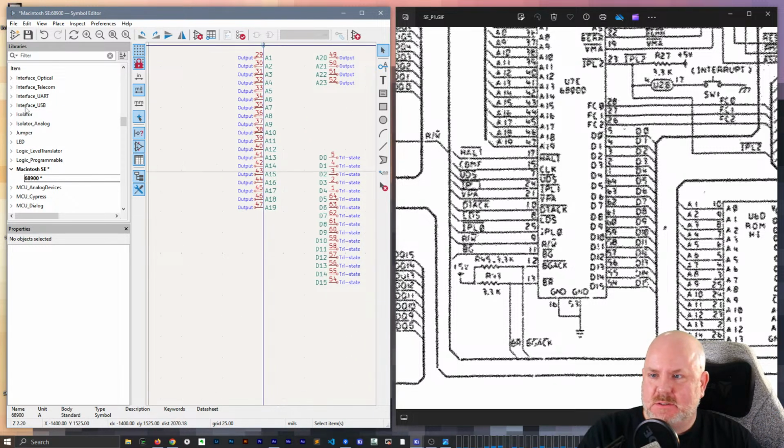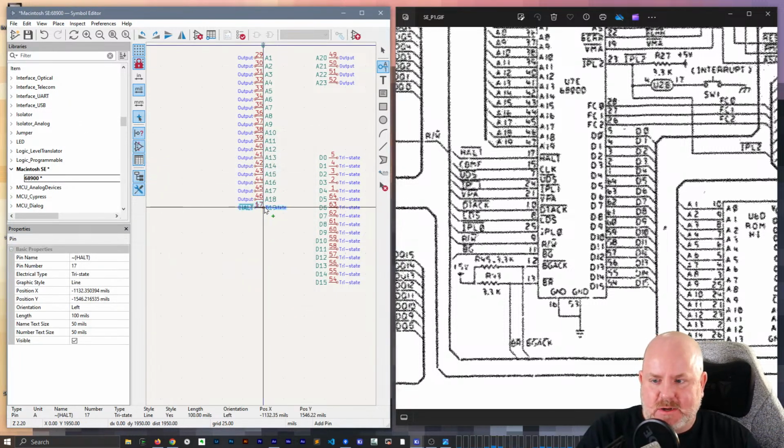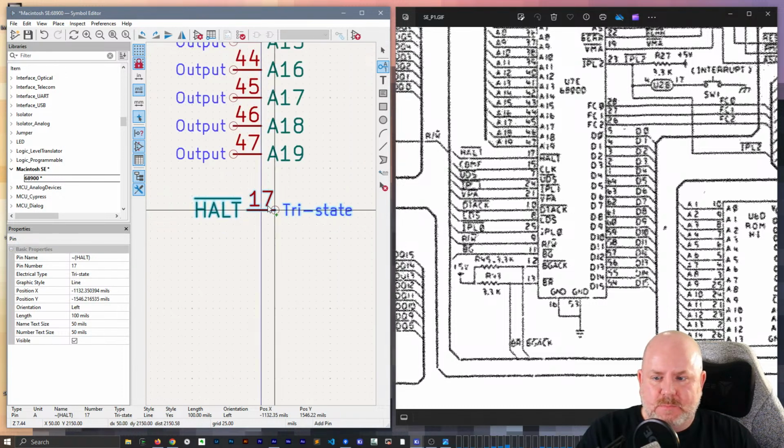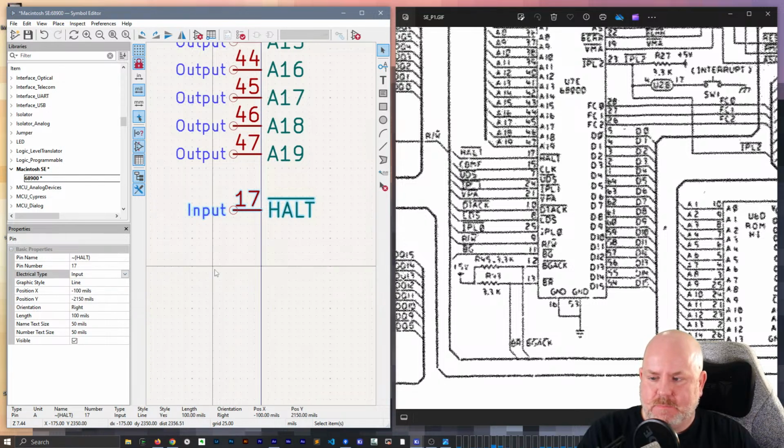Now, let's do these harder ones. I say they're harder only because the names are going to be tough to read. I really need to figure out what processor this is, like what the actual one, so we can go look at the data sheet. I guess we need to figure that out anyway. I'm going to assume halt is an input. Let's change that.